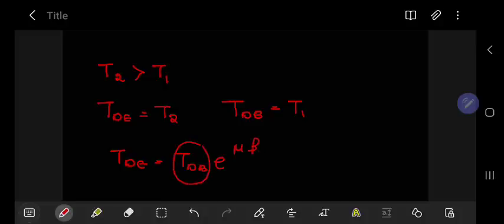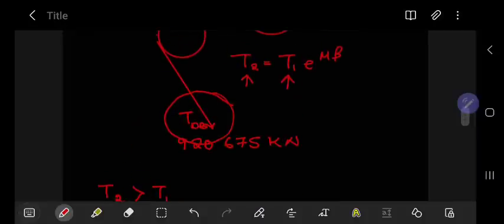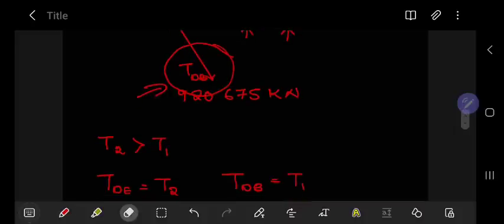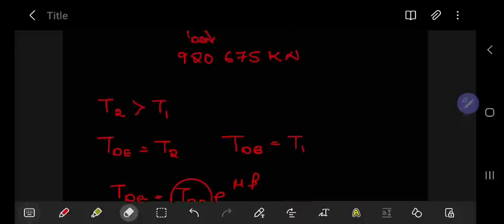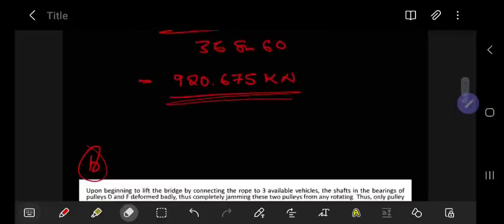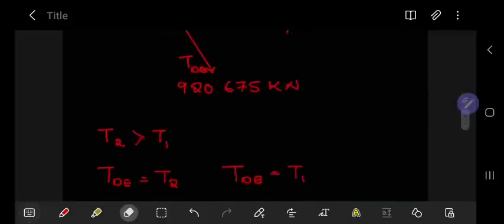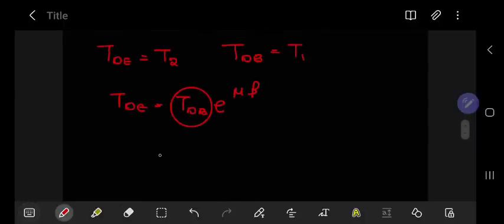Remember that we already know what TDB is, so all we have to do is substitute it there. That's 920.675.